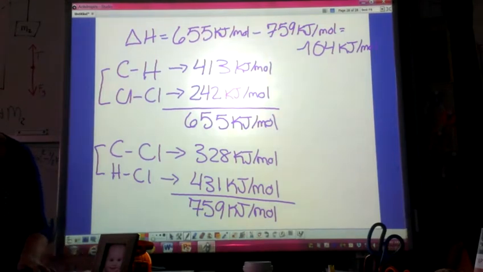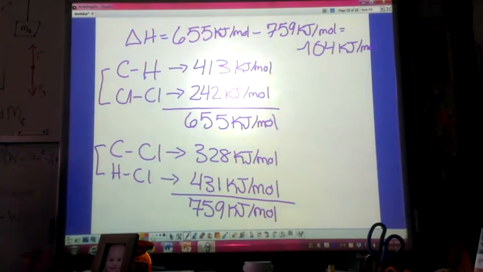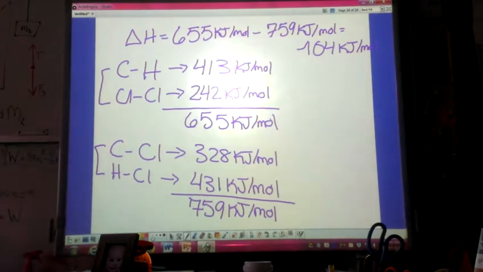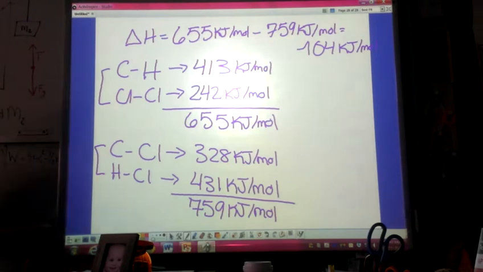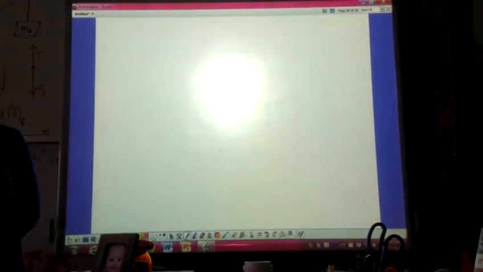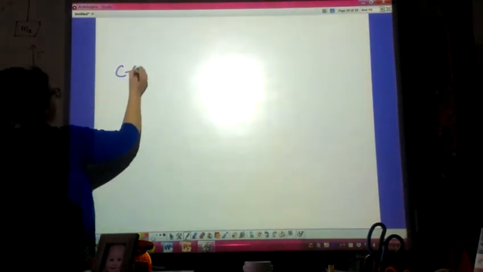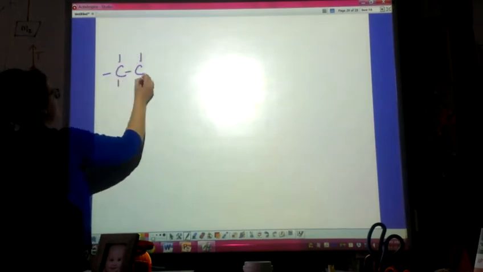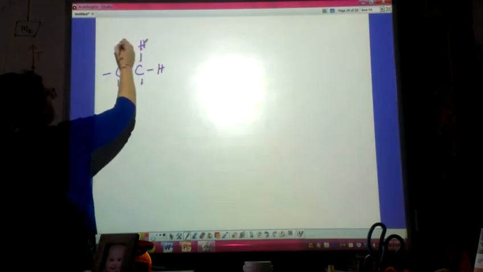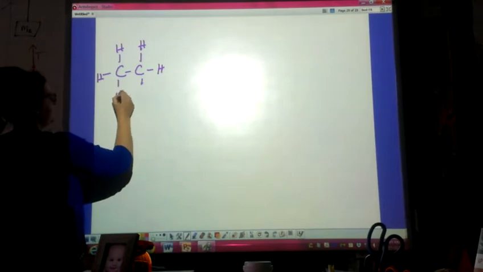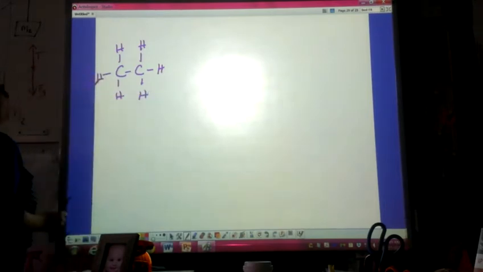So when I do this, first thing I want to do, sometimes it just helps to draw a picture and then to write, this is how many I'm breaking, this is how many I'm forming. I think you should always do that. So if I redraw that picture on here, we had carbon, carbon, and then that was attached to all hydrogens, but I have two of those, right?